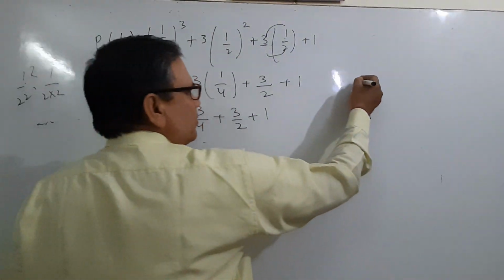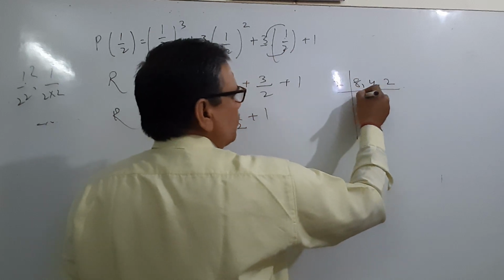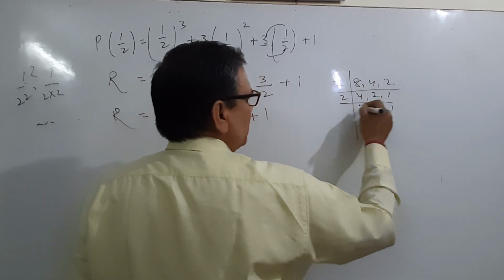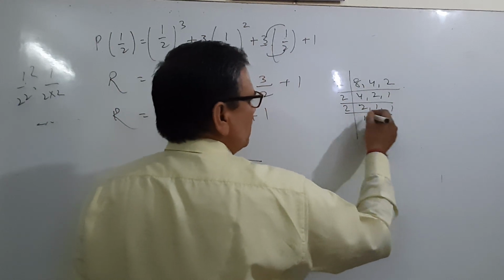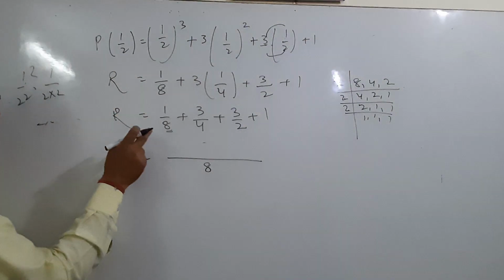Or you can find it by the division method: 2 into 2 into 2 is 8.